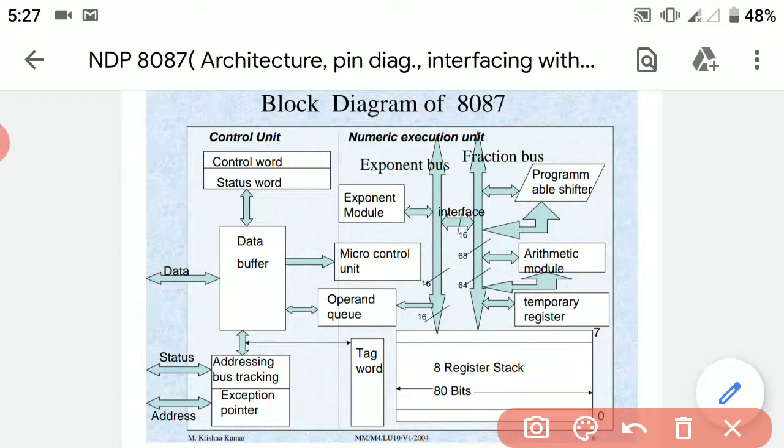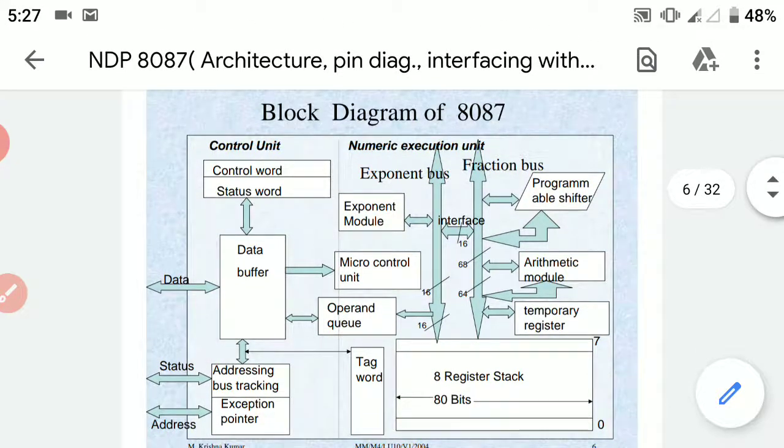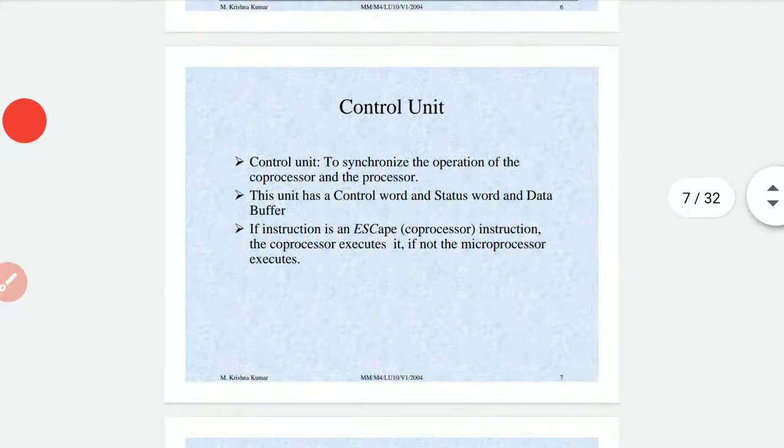We also have the address bus tracking, exception pointer, 8 register stack, arithmetic module which is used for arithmetic purposes, temporary register, programmable shifter, and exponent module. The main function of the 8087 is the control unit.